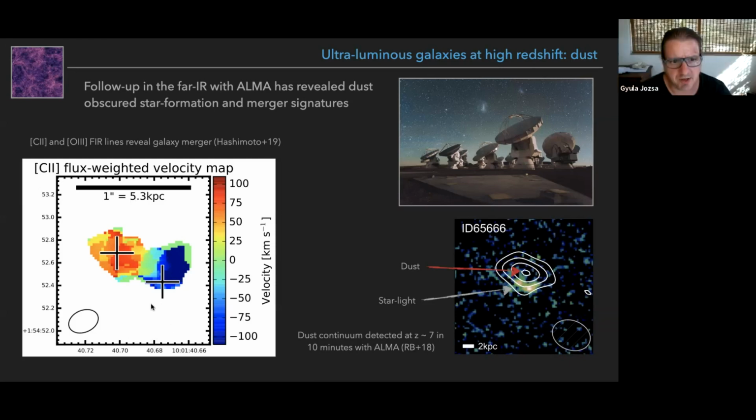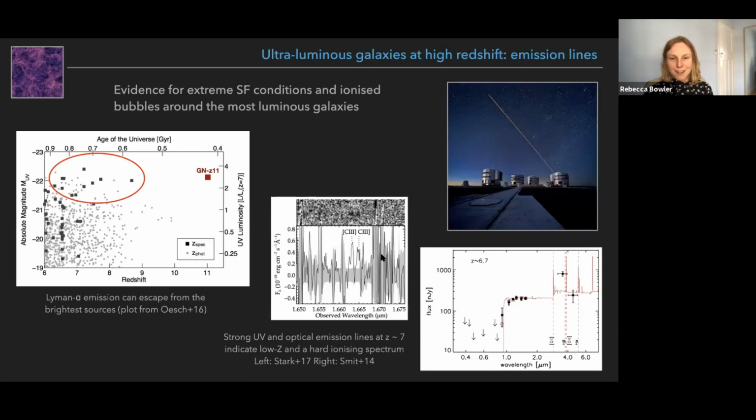This all uses ALMA and no other tracers. We can't do this with optical near-infrared spectra at the moment, because they're so faint. This C2 line is very bright. We might get other ionizing lines, but they are very faint.